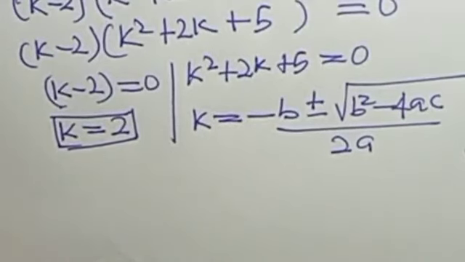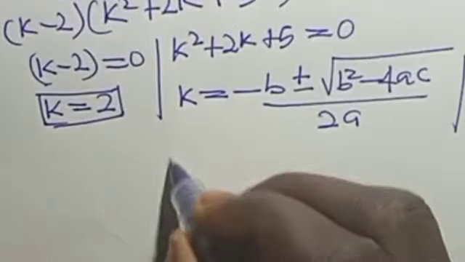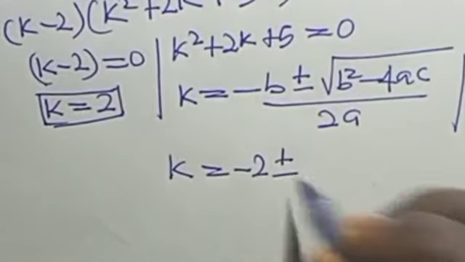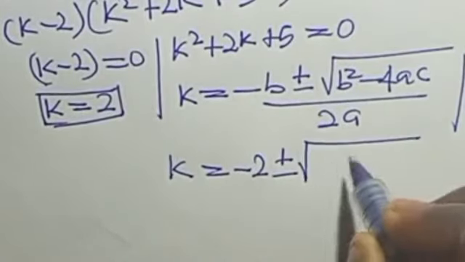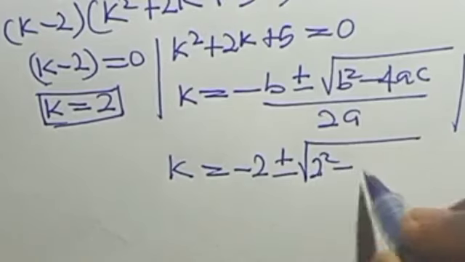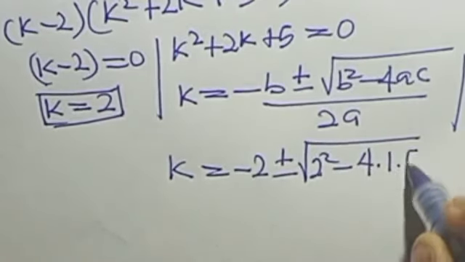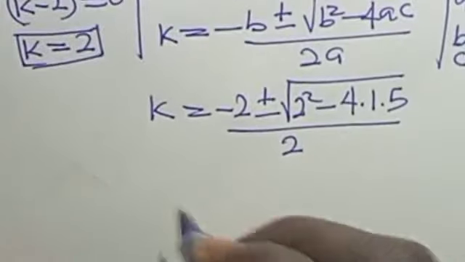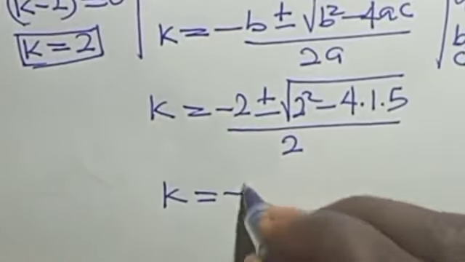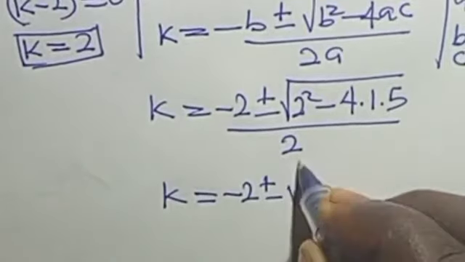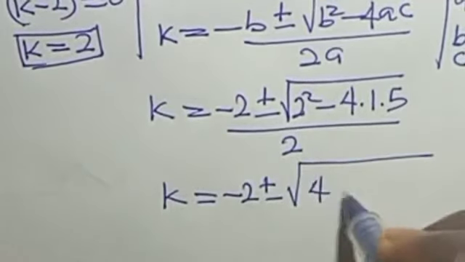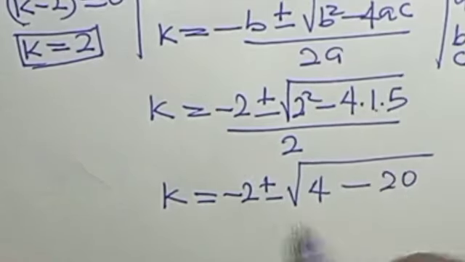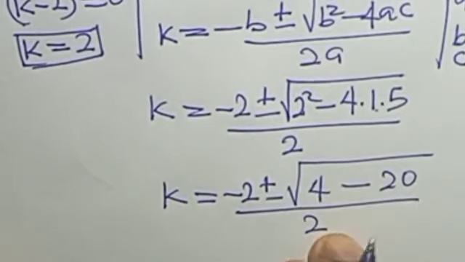So if we substitute our values, k will become minus 2 plus or minus square root of 2 squared minus 4 times 1 times 5, all over 2 times 1. So k will be equal to minus 2 plus or minus square root of 2 squared is 4, minus 4 times 1 is 4, times 5 is 20, over 2.